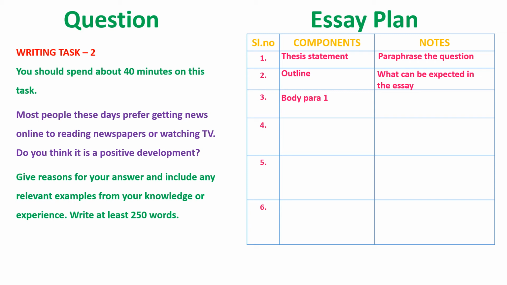I'll be writing the positive impacts in the first two paragraphs and the negative impacts in the last body paragraph. Every body paragraph must have a main point which should be supported with subpoints and examples.